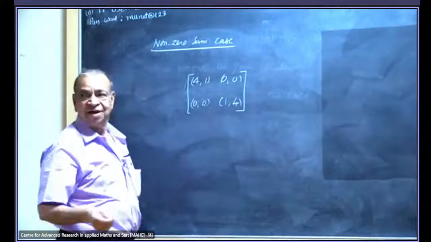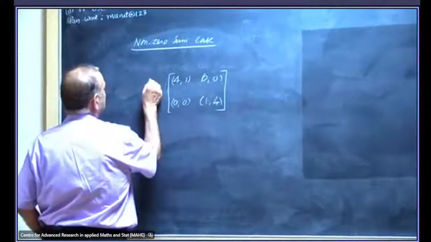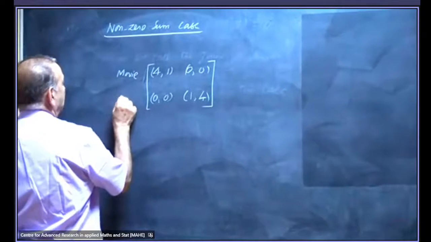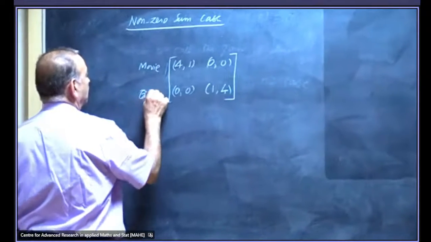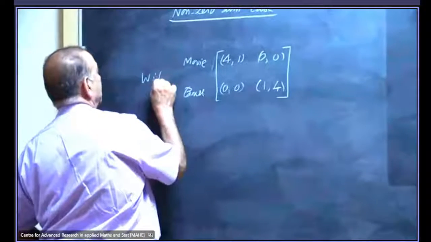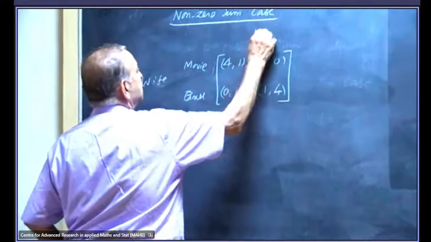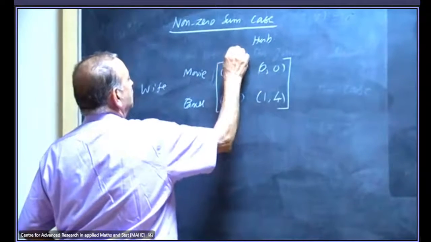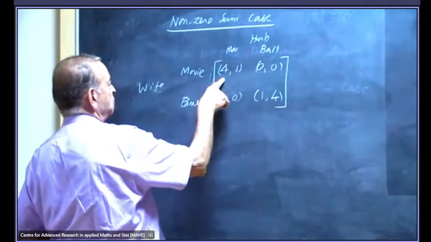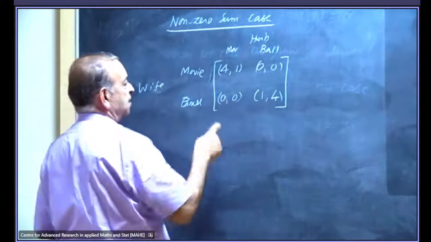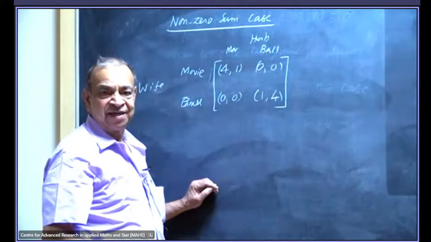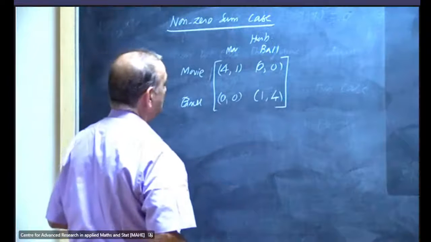Do you agree? This is the so-called movie game, ball game. This is wife, this is husband, movie, ball game. The first coordinate corresponds to what the wife gets. The second coordinate corresponds to what the husband gets. Agree?